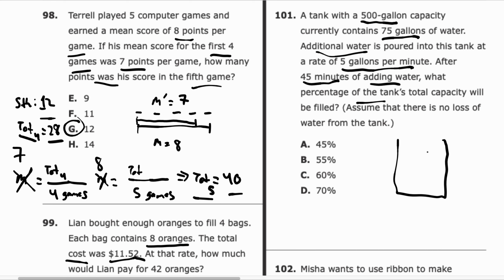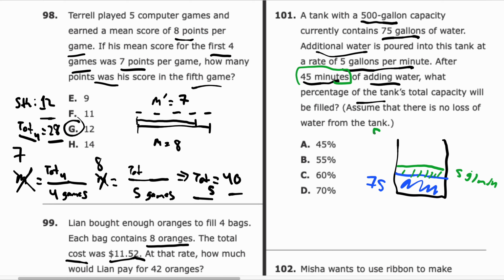Okay, so we have a tank here, and we have some starting amount of water, right? We have 75 gallons. And basically, we're going to pour in new water at a rate of 5 gallons per minute. And we want to know after 45 minutes, what percent of the capacity.